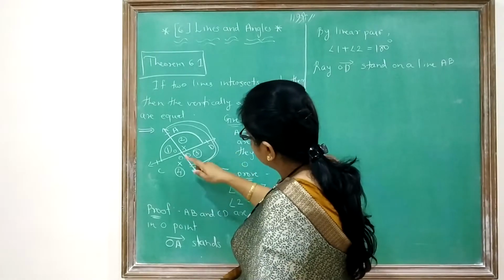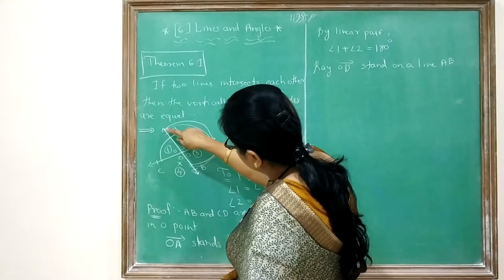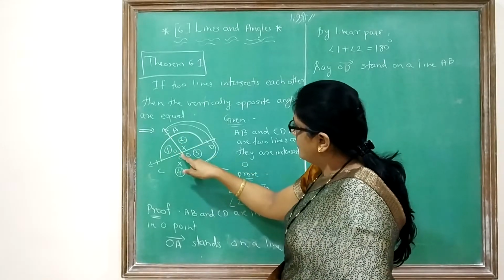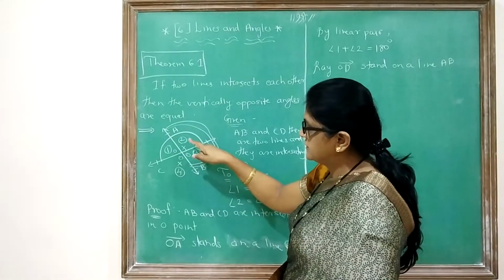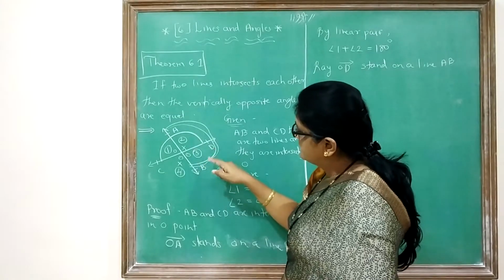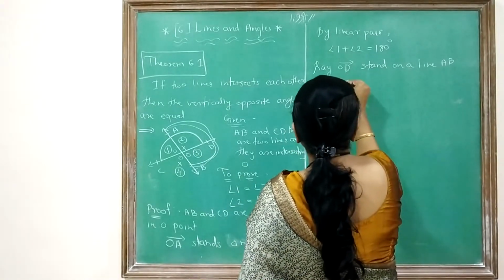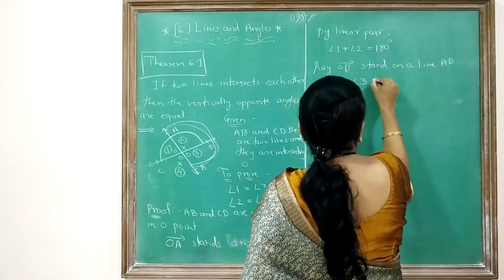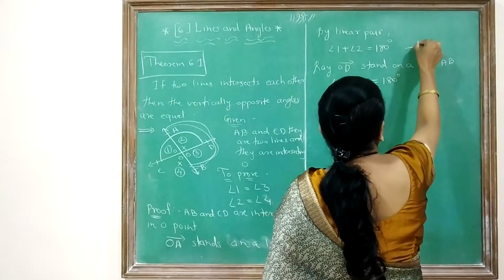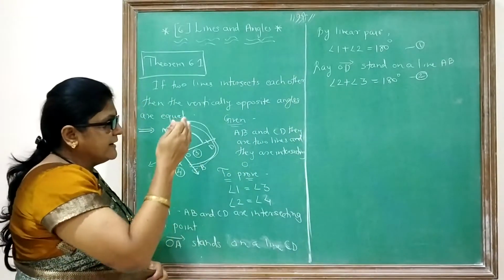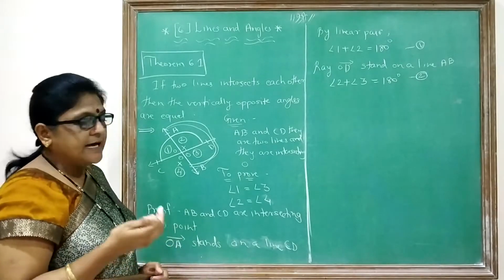Then here you will make a linear pair, means this AOD is angle 2, and this BOD is angle 3. Then which type you can write? Angle 2 plus angle 3 equal to what? 180 degree, and this is equation number 1 and this is equation number 2. They are 180 degree, then they are equal.